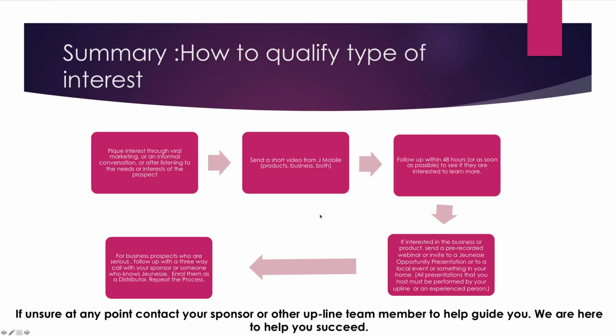If you do want to do a presentation in your home, make sure that you host at your home. Make sure the presentation is performed by somebody in your upline or an experienced person in the business. That's very important. Do not attempt to describe the opportunity presentation if you're not experienced. Get somebody else higher up, a Sapphire and above, to do the presentation for you.